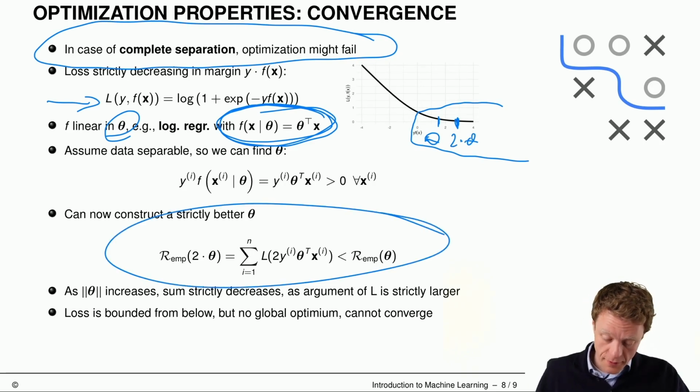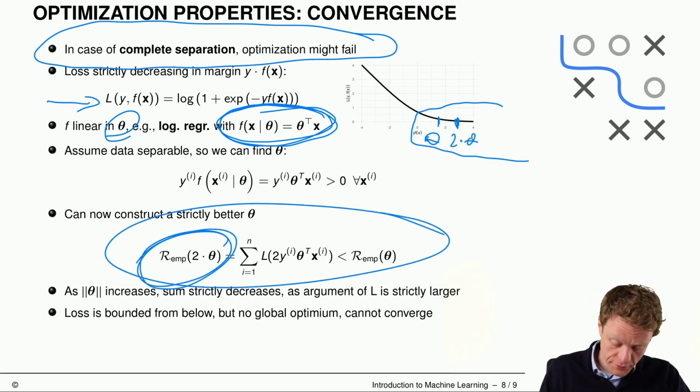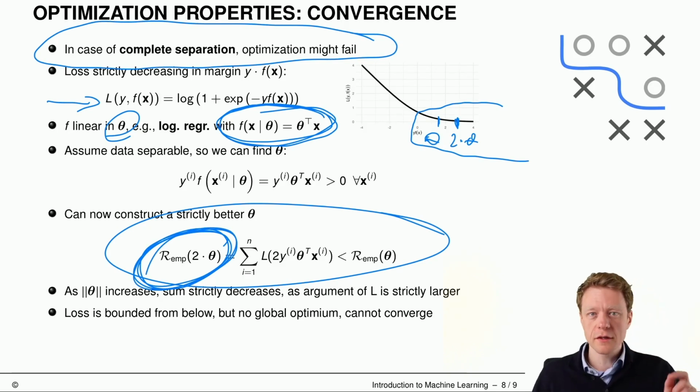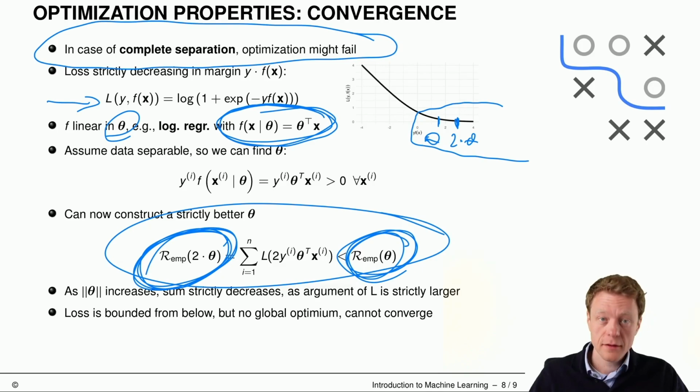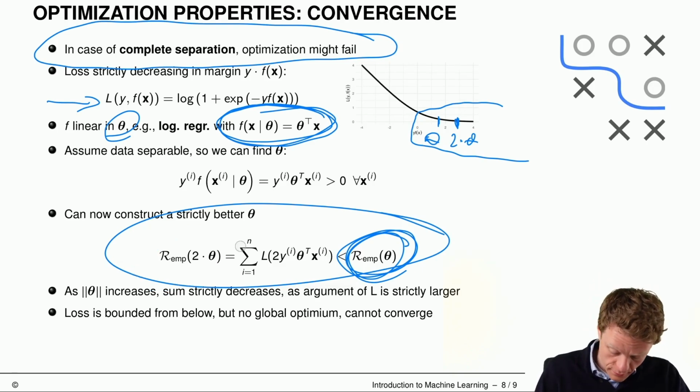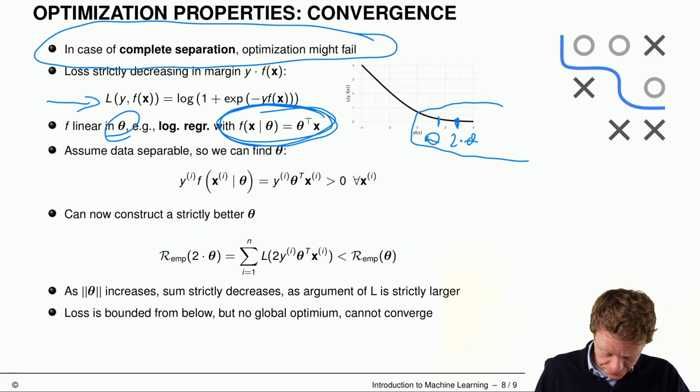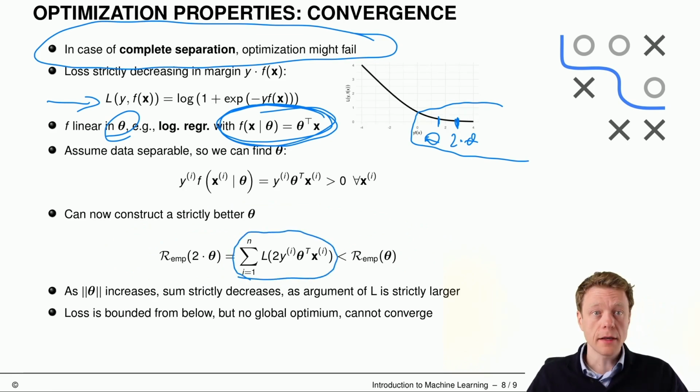So this means that the empirical risk, if I use a new theta, which is just 2 times the old theta, is strictly better than the old empirical risk, right? Because the empirical risk here using this loss gets smaller, because f is linear in theta and the loss is strictly decreasing in the margin.